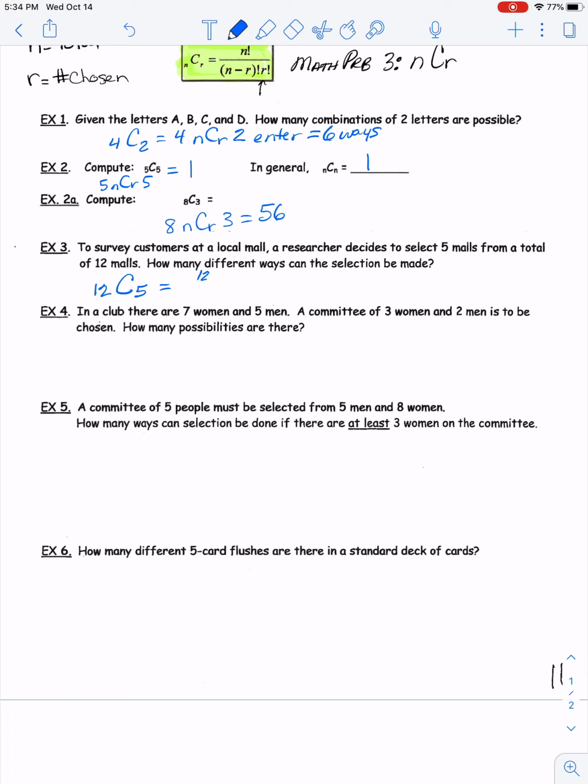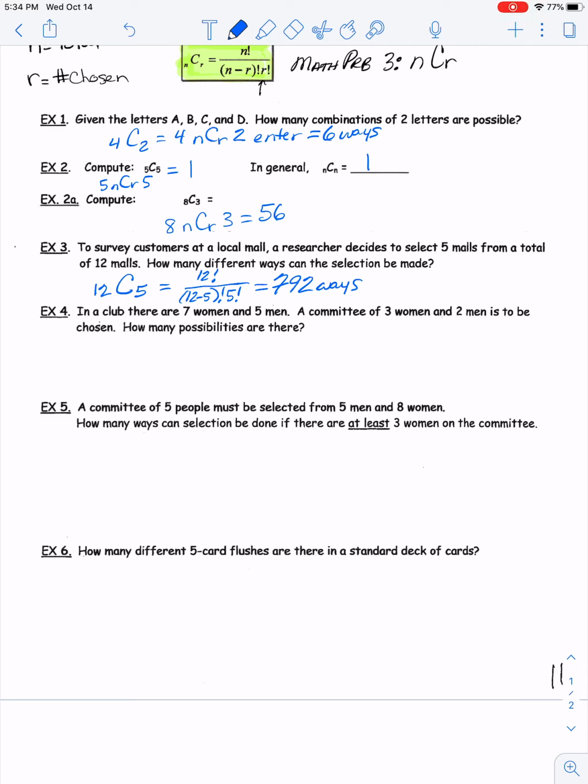If you're into doing the formula, you can do 12 factorial divided by (12 minus 5) factorial, divided by 5 factorial. Just for fun, thought I'd show you that. Either way the answer should be 792 arrangements.